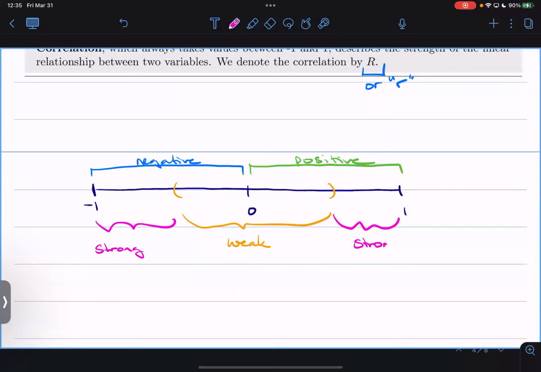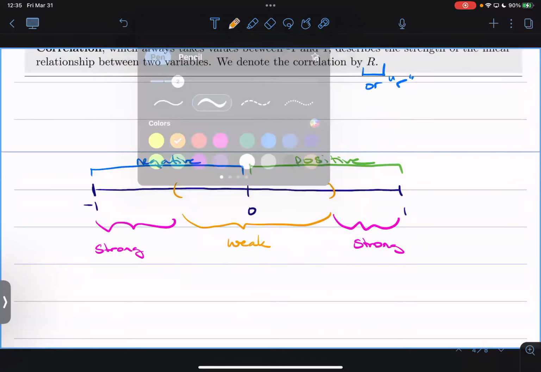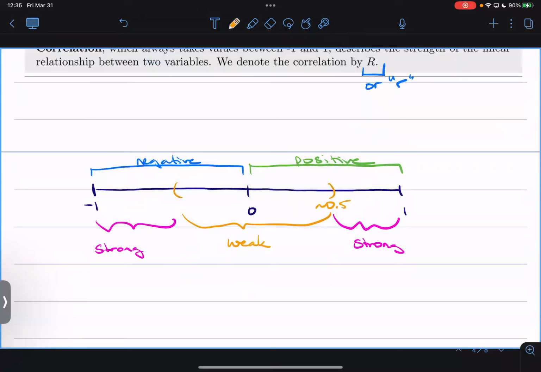So here we have strong relationships, and I would say the cutoff is roughly around 0.5, just for simplicity's sake. Sorry, negative 0.5. So a correlation that's between negative 0.5 and positive 0.5, I would classify as weak, relatively weak, moderately weak, whatever you like, or whatever it feels like.